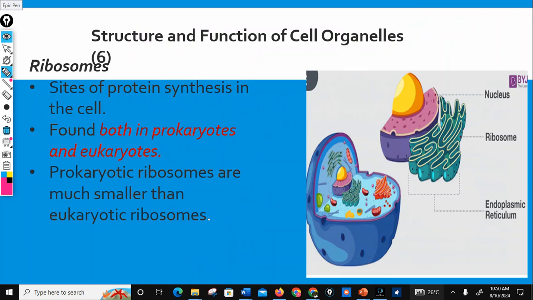In fact, most of the cell structures of the eukaryotic cell are relatively larger than those of the prokaryotic cell, so it is expected that even the ribosome should be greater. All right.